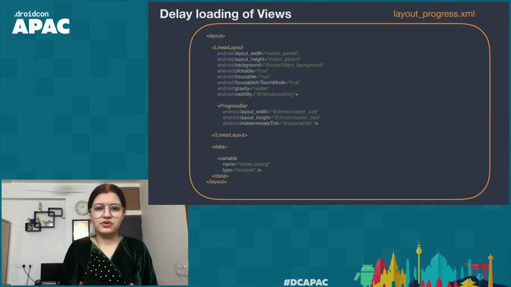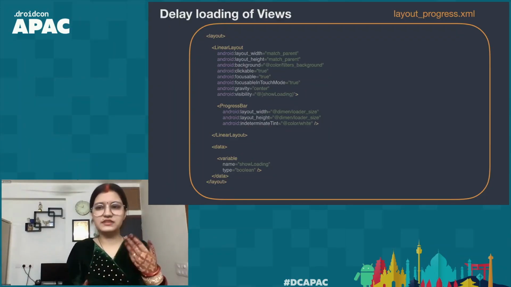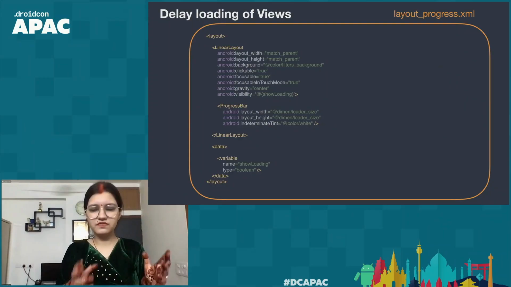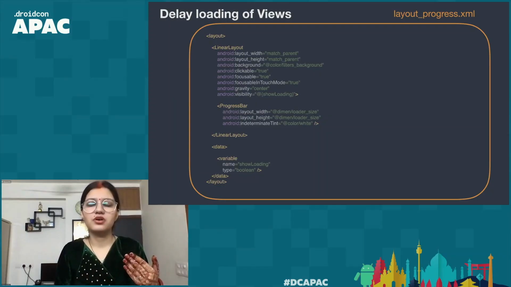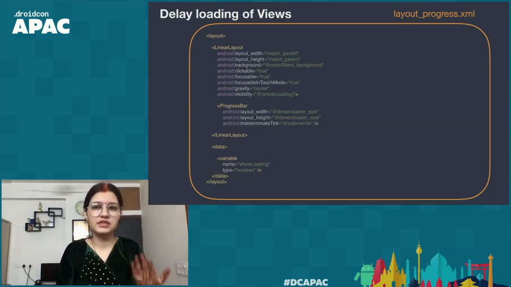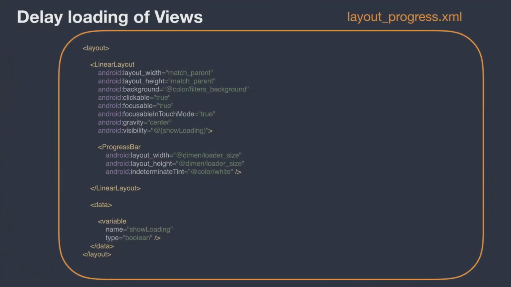Like a progress loader, maybe, or certain other use cases where you want to show a certain UI on the screen only when the user performs a certain action or triggers it by tapping on a CTA. In those cases, you can avoid adding those layouts or delay loading of them. Let's see how we do that.